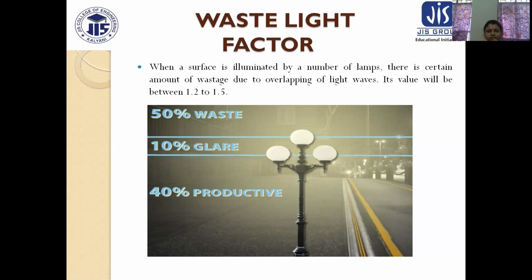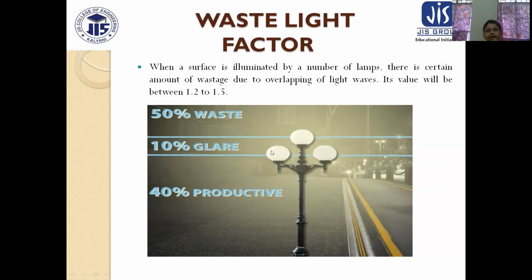Why? Because they are overlapping each other. So that's why some amount of light is wasted. That is called the waste light factor, and its value will be between 1.2 to 1.5.